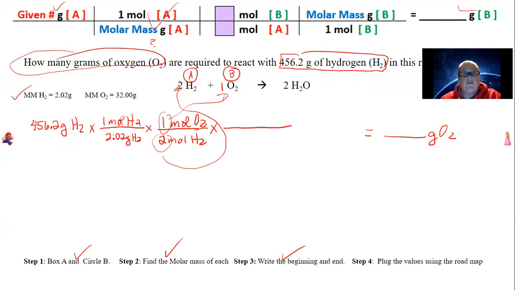And then I have 1 mole of B on the bottom, which is O2. And the molar mass of 2 oxygens is 32.00 grams.